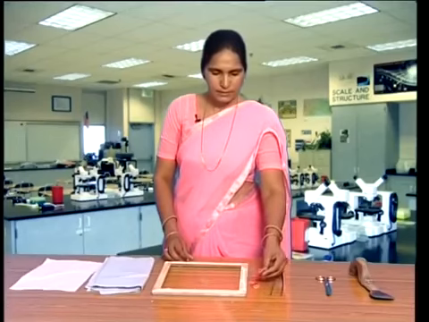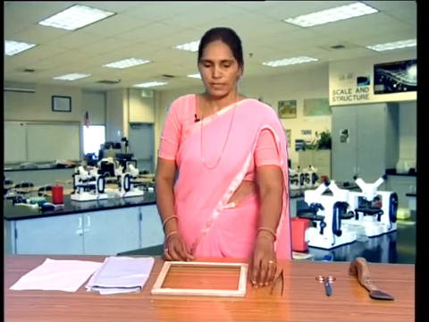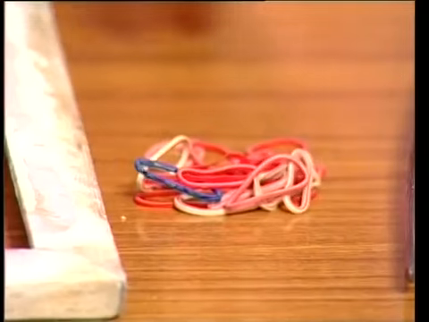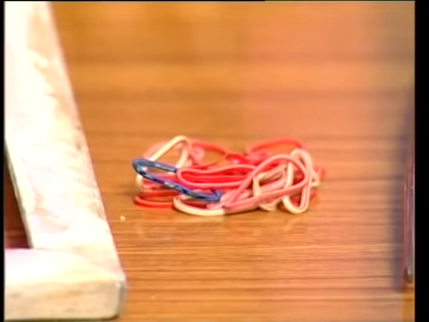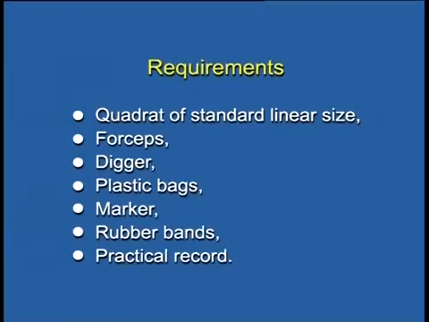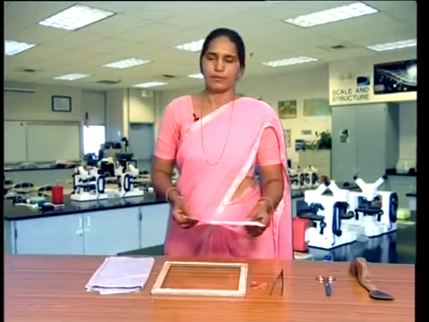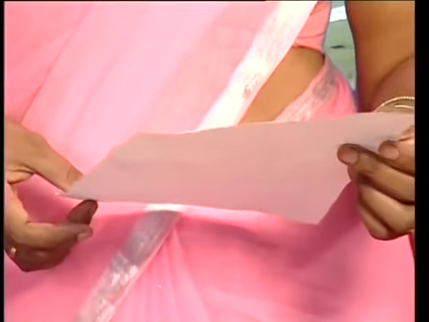These rubber bands are used for tagging the polythene bags, that is, closing the mouth of polythene bags. And the practical record, for which we have this paper sheet for our calculations regarding the frequency and density.